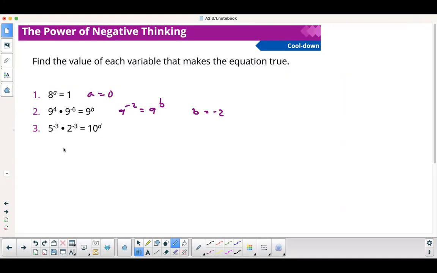These ones are a little harder. Let's do this. Because the bases don't match up, I can't add the powers. So why don't I do this? This is 1 over 5 cubed.